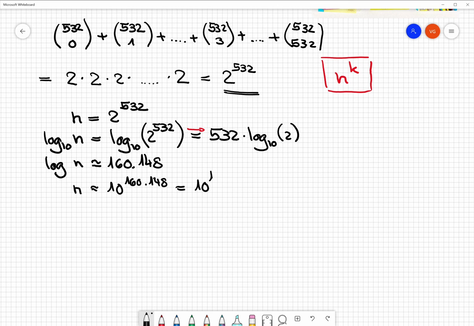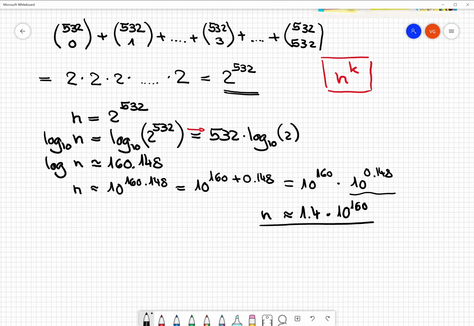This is 10 to the 160 plus 0.148, which is equal to 10 to the 160 times 10 to the 0.148. And again, we've got something that our calculator can easily compute, and we find that n is approximately 1.4, that's the 10 to the 0.148, times 10 to the 160.